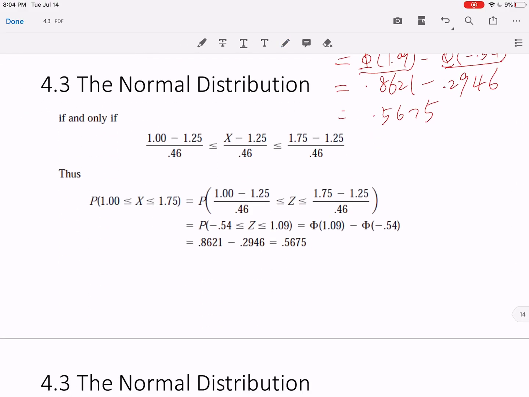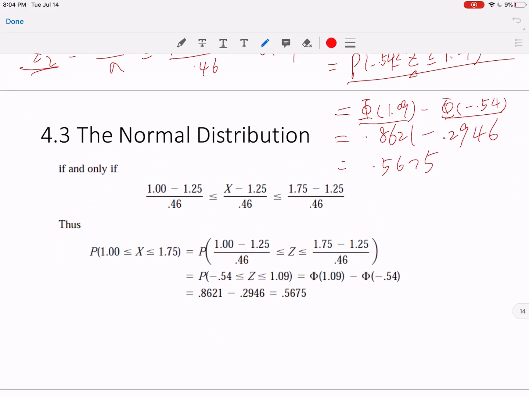All right, so that's pretty much the same as this solution part. First of all, of course, we want to standardize this random variable by x minus mu divided by sigma, and we have negative 0.54 and 1.09.